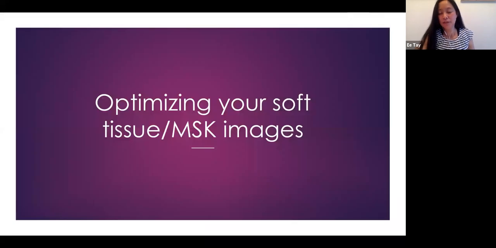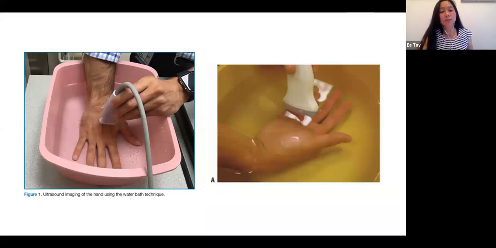So, optimizing your soft tissue image. Now we're going to move on to see some of the other options that we use. I know we talked about the water bath technique already, using the water as a way of conducting your sound wave to optimize your image.